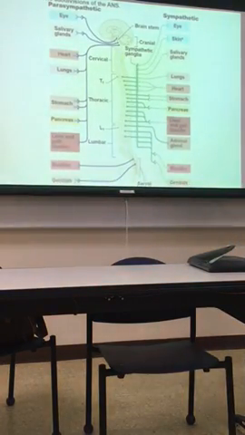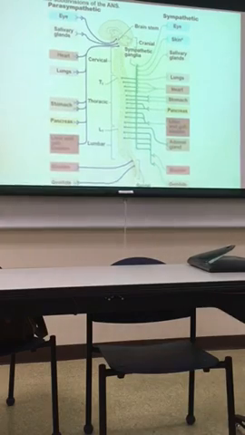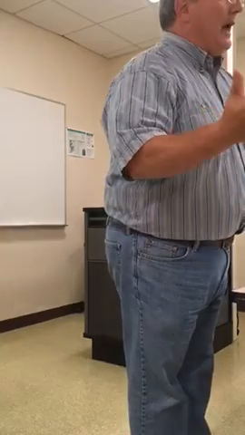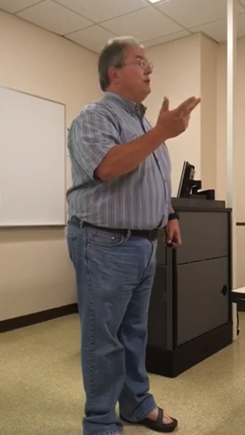Why am I telling you this? The sympathetic system, when it turns on, turns on multiple activities at the same time. When you begin to exercise, you sweat, you slow down digestion, you slow down urine production, you increase heart rate, you increase respiration.